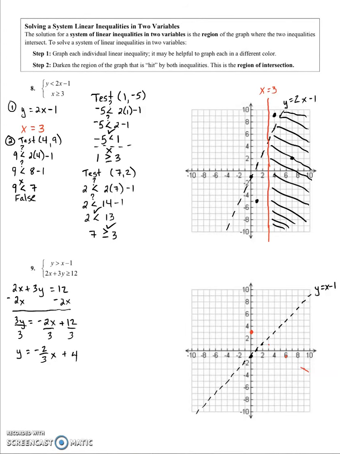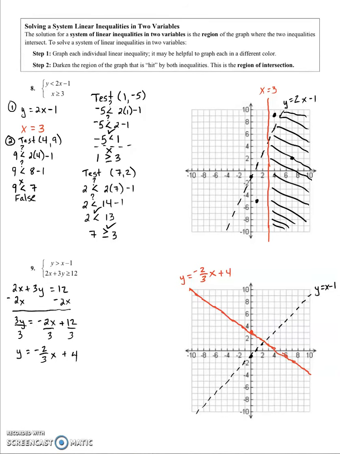Okay, so let's draw our dashed line. Oops, except that one was supposed to not be dashed because it was a greater than or equal to. So that is y equals negative 2/3 x plus 4.